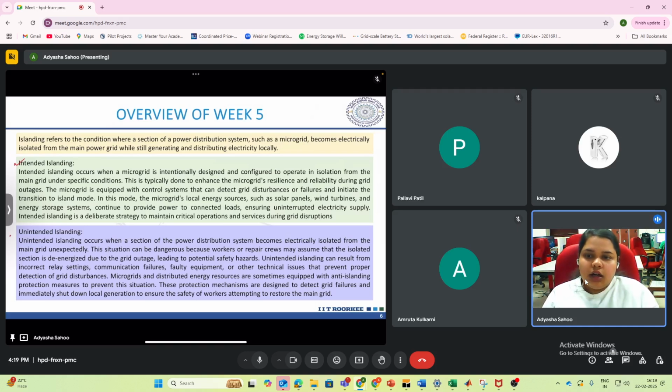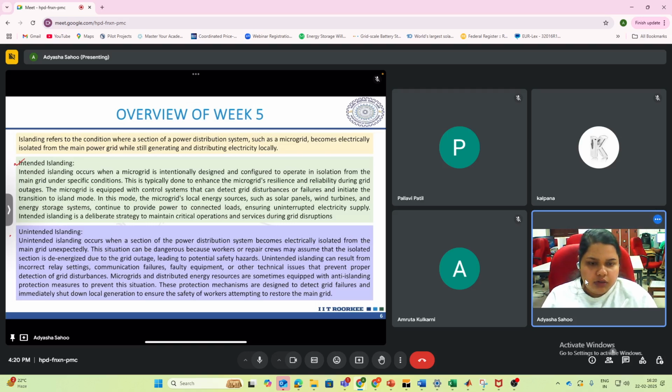So intended islanding is basically for the security of the microgrid. Like I said, whenever the microgrid can sense that there are some major grid disturbances or some major faults in the main grid, then to protect its own loads, it will cut off from the main grid to protect itself because it is not having any problems.